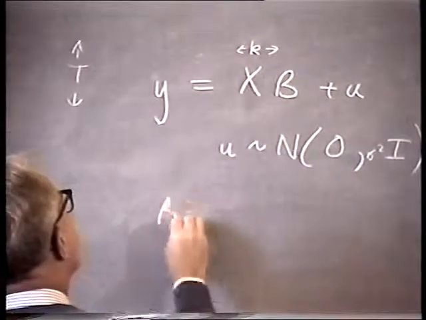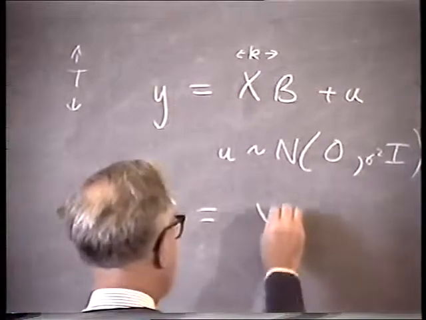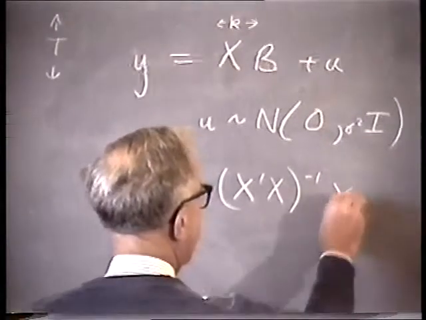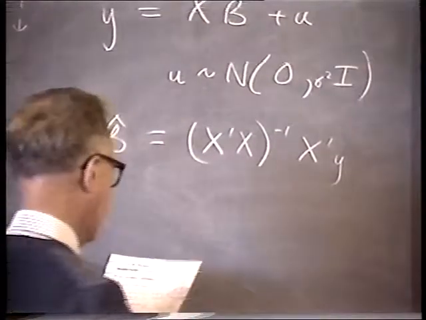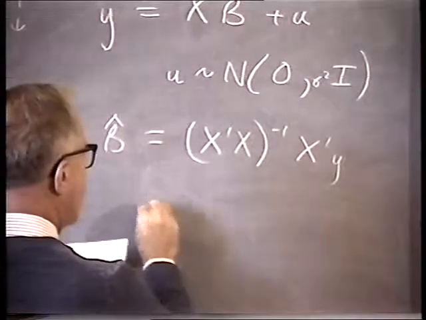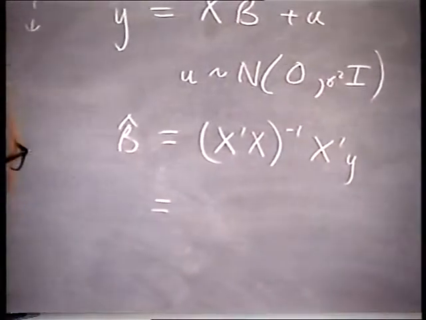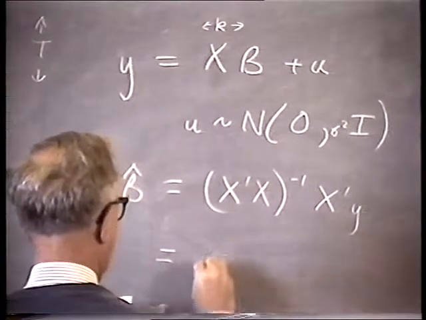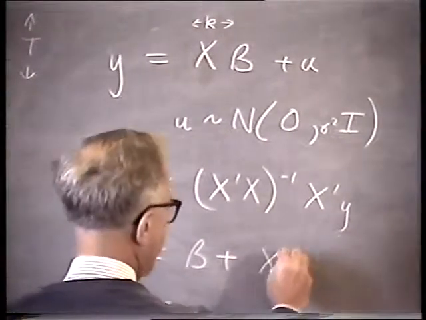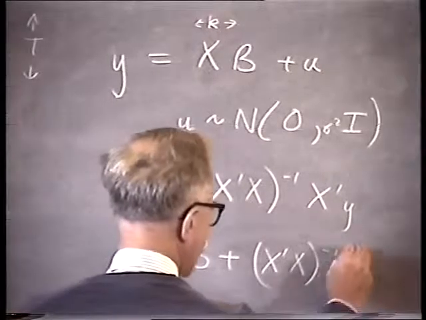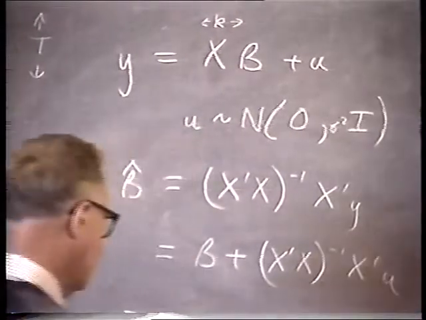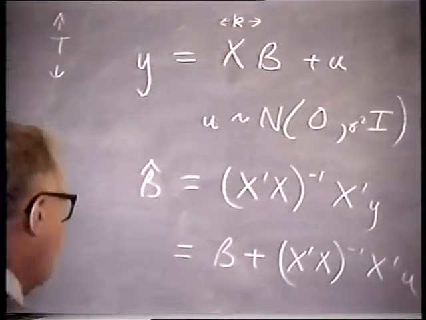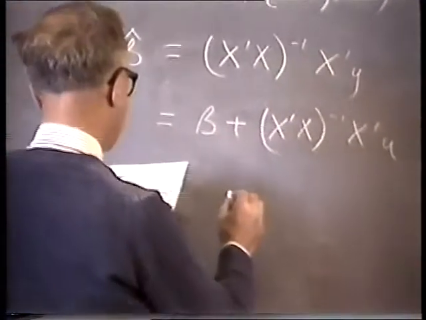And then we start out by estimating beta as beta hat, the OLS estimator, and as usual, if we put y from the first equation in here, we will find that this is just beta plus (X'X) inverse X'u.